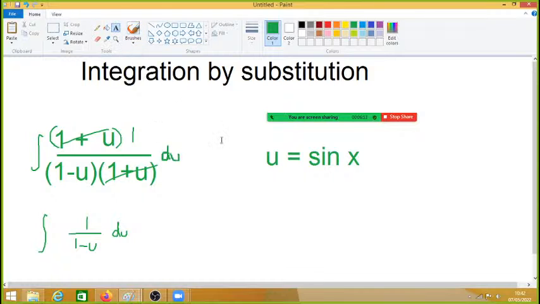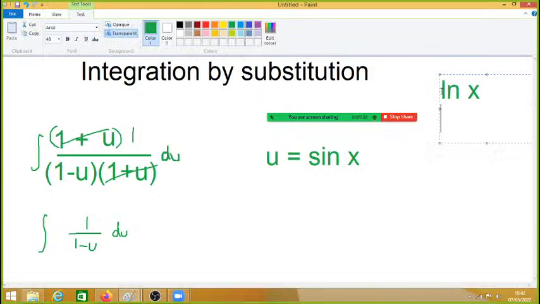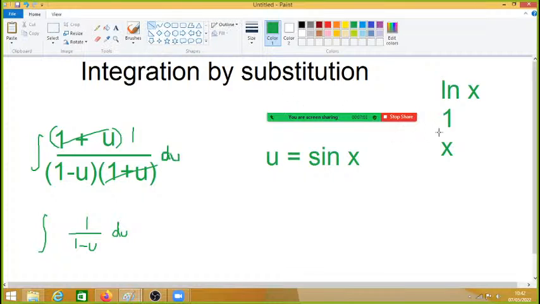Okay, hopefully you remember that natural log of x differentiates to 1 over x. So you can use that to do the integration. So 1 over x would integrate to natural log of x.